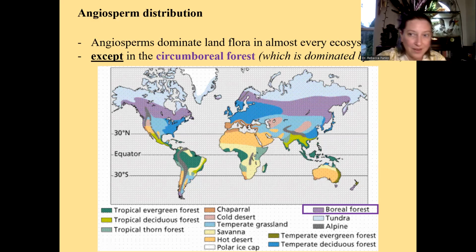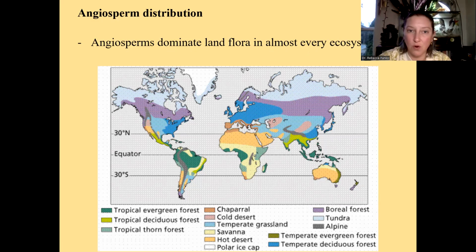So go back to the other seed plant. If this doesn't seem familiar to you, go back to some of the other lectures we had on the seed plants and figure out which thing dominated those forests. But aside from those shown in purple here, all the other colors here are where the angiosperms are the most abundant plant.